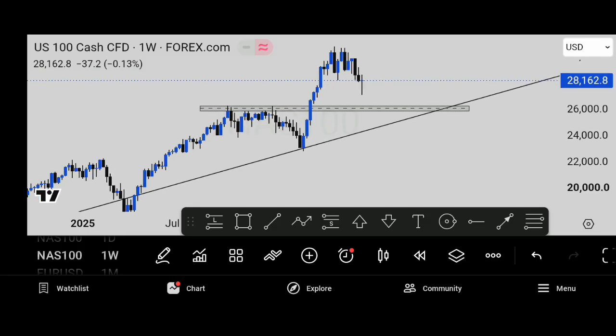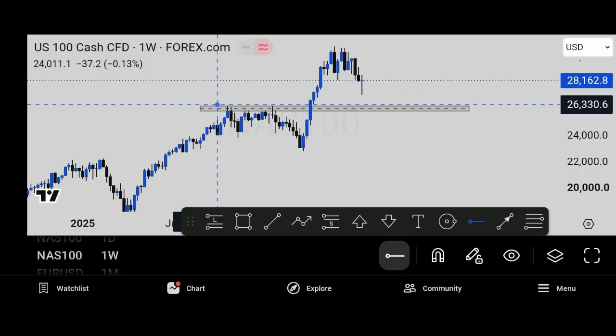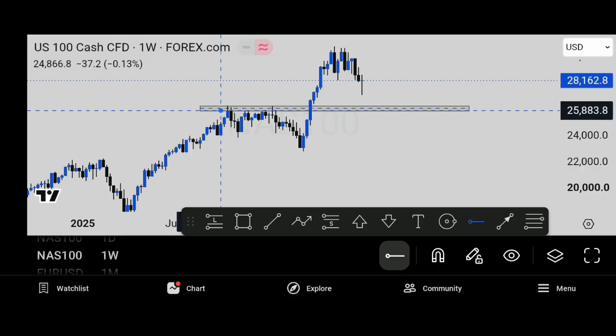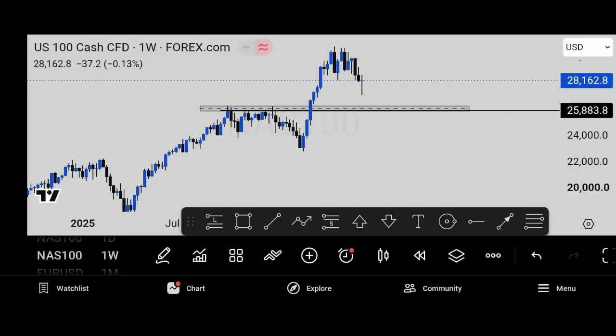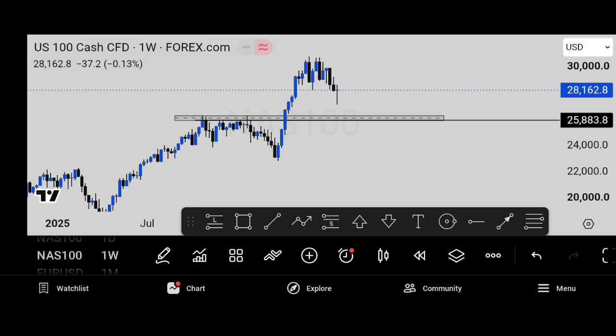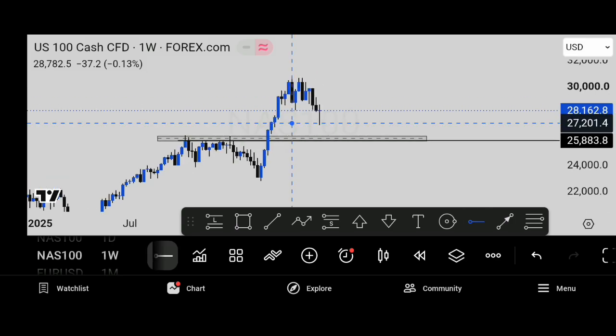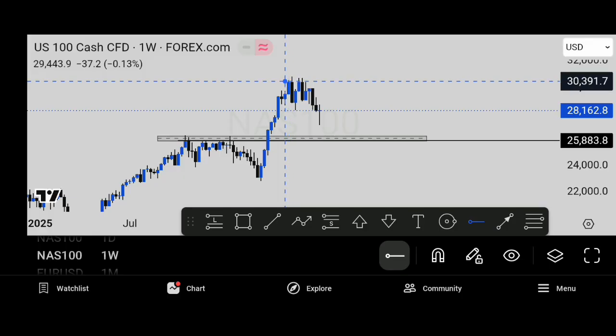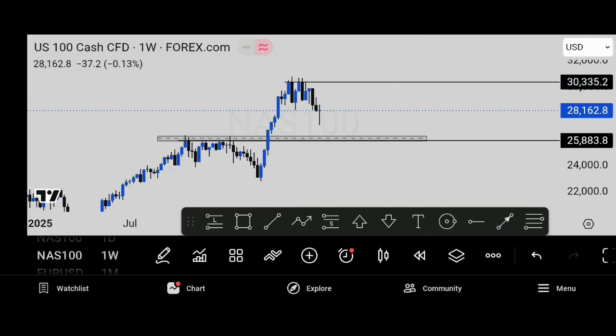I'm just gonna remove the trend line and put my level right there, sorry, and also here at the top. I'm just gonna use the closes of the bodies of the candlesticks, right?